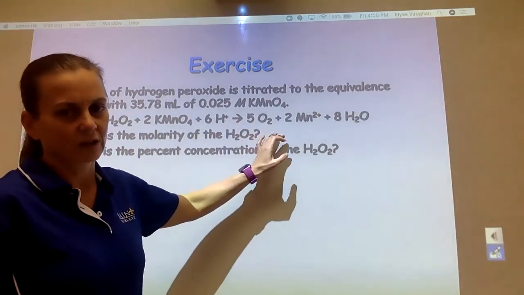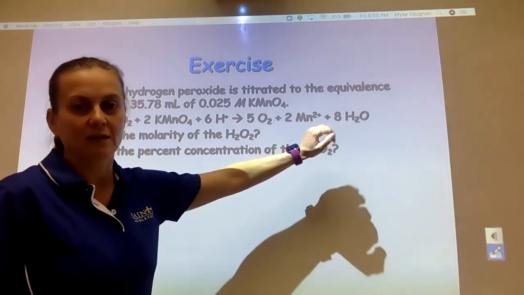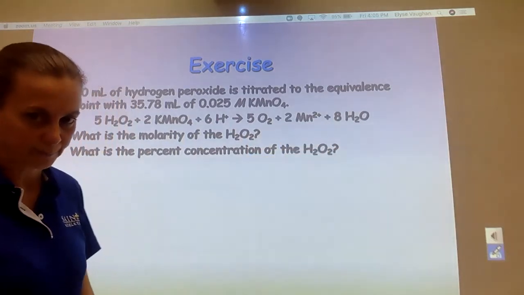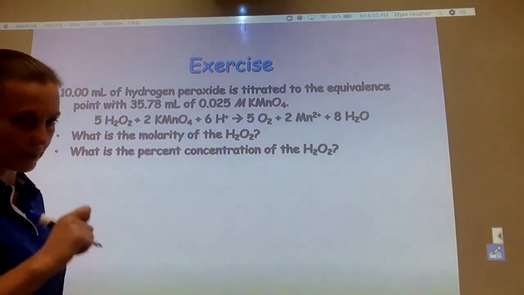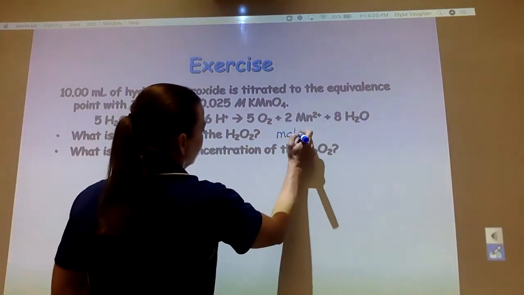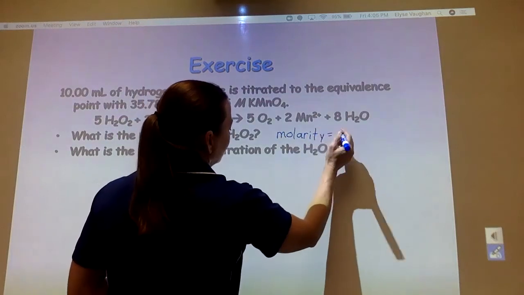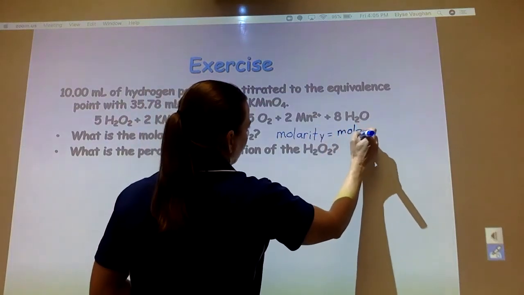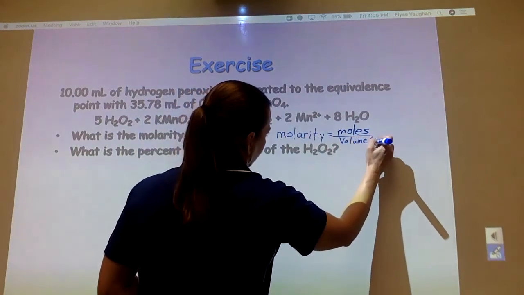Yields 5 moles of oxygen, 2 moles of the manganese 2 ion, and 8 moles of water. So it's asking me for the molarity of the hydrogen peroxide. So again, we want to remember that molarity equals moles over volume in liters.